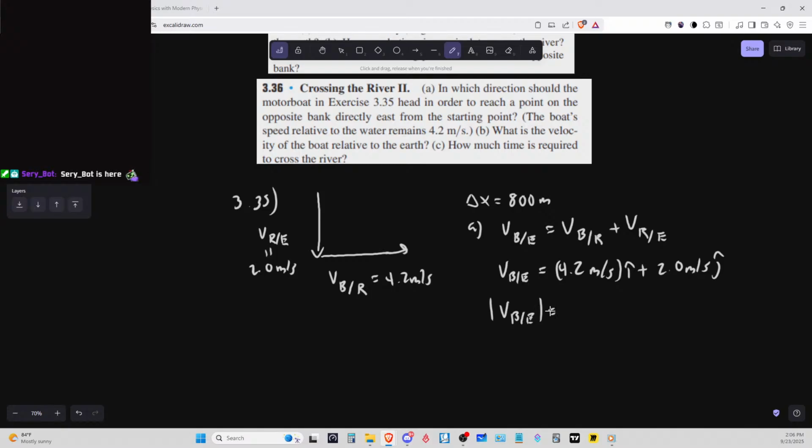I should write a vector here, going this way. And then we basically have to put everything into place, like so, to get the actual magnitude.